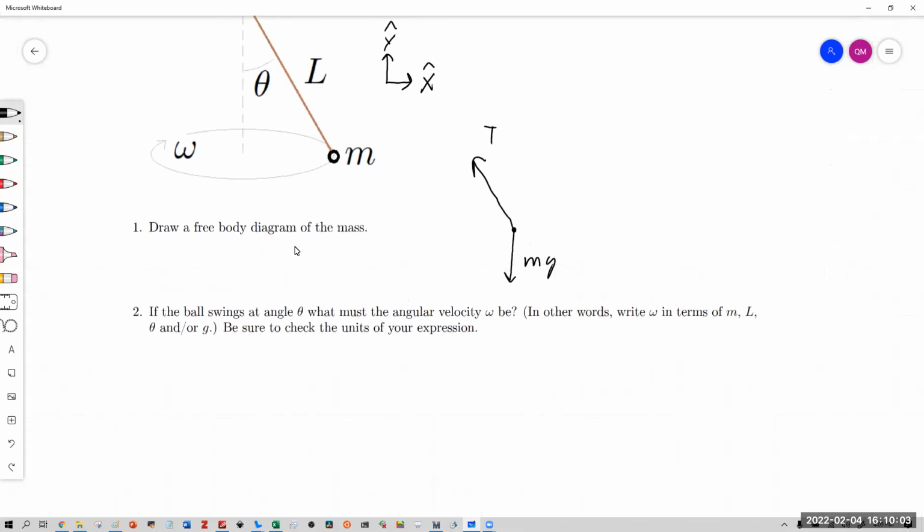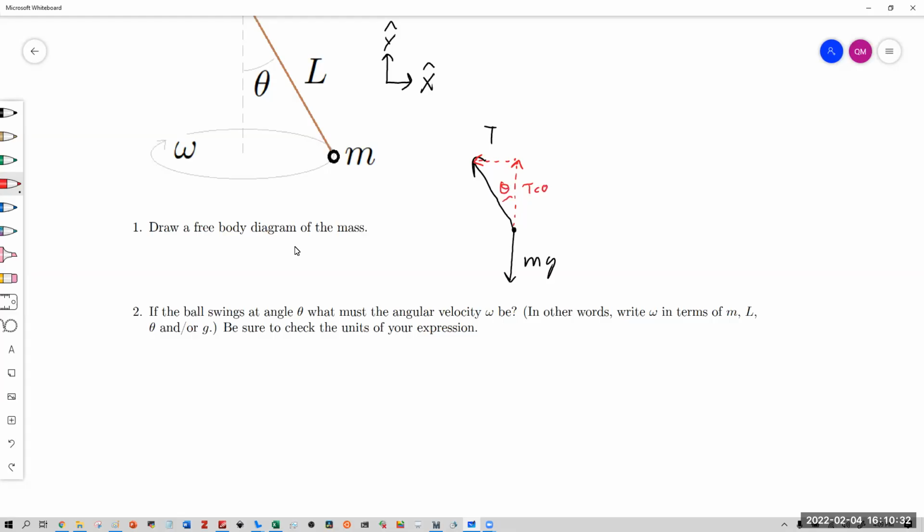Okay, so let's do sum of forces in the y direction first. If we do the sum of forces on the ball in the y direction, we have a component of the tension. So let's break the tension into its components. This would be T. This is theta.